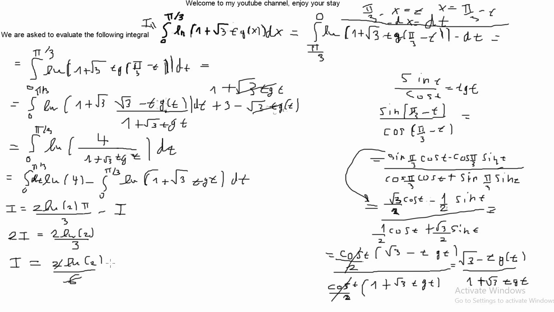This and this get cancelled out, and we are left with ln of 2 over 3. But where is pi? It's missing. We must have pi because of the integral. So here it is.